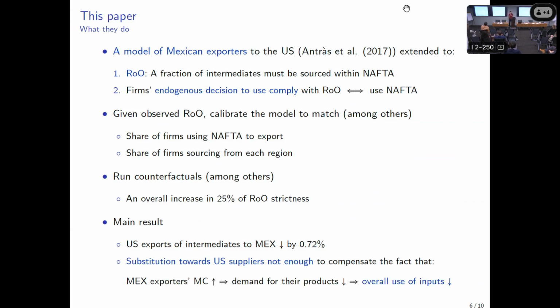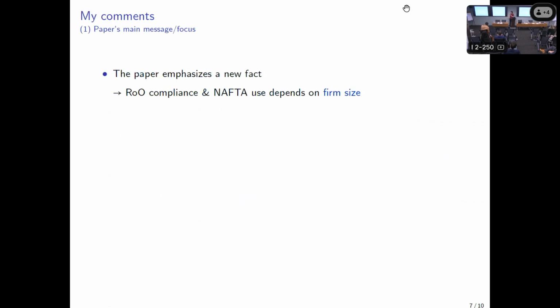That's going to increase US exports to Mexico, but that's not going to compensate for the fact that Mexican exporters overall become less productive. They're able to sell less to the US overall. Because they are able to sell less to the US overall, they're going to decrease the amount of input use from any country, including the US, which means that they're going to import less from the US.